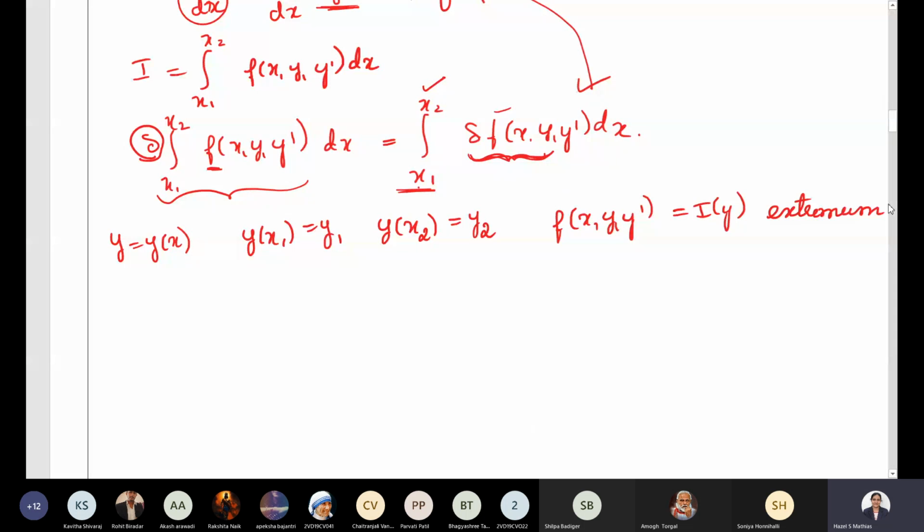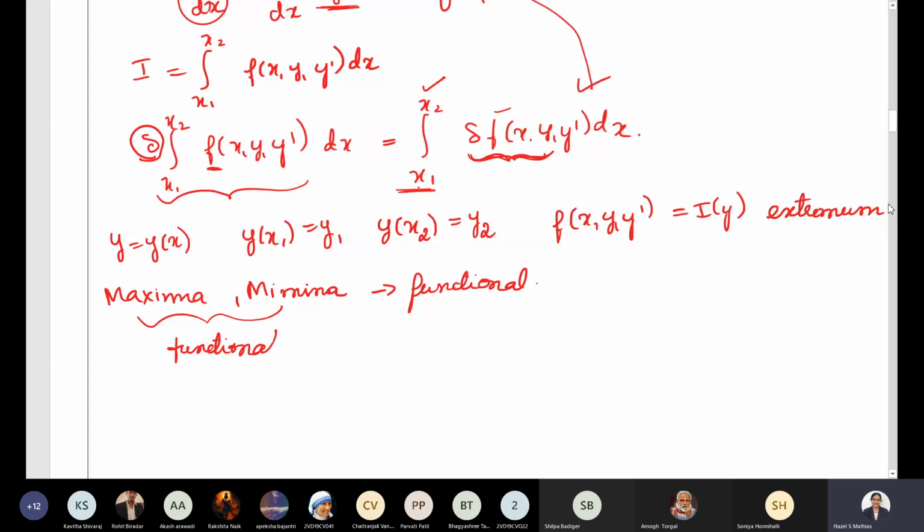In our lower classes we discussed differential calculus, the concept of maxima and minima. We used some methods, such as Lagrange multipliers, to find the maxima and minima of functions. Here in calculus of variation, we deal with the maxima and minima of functionals.